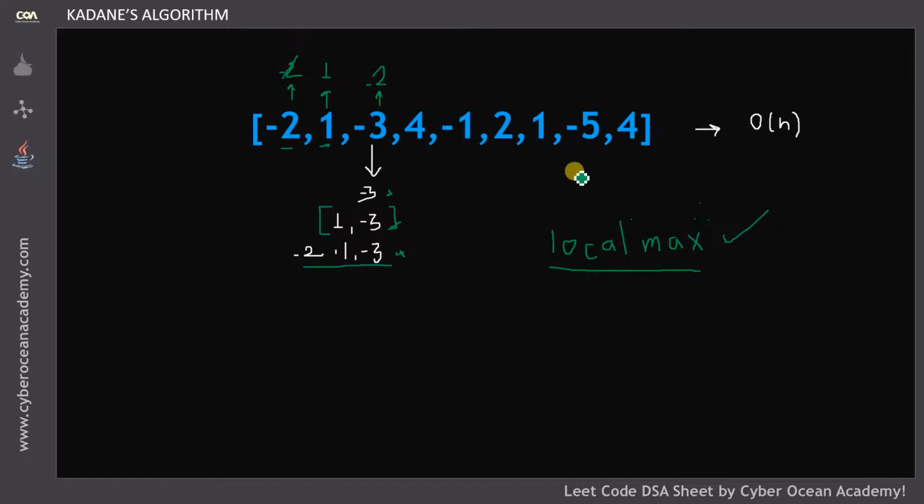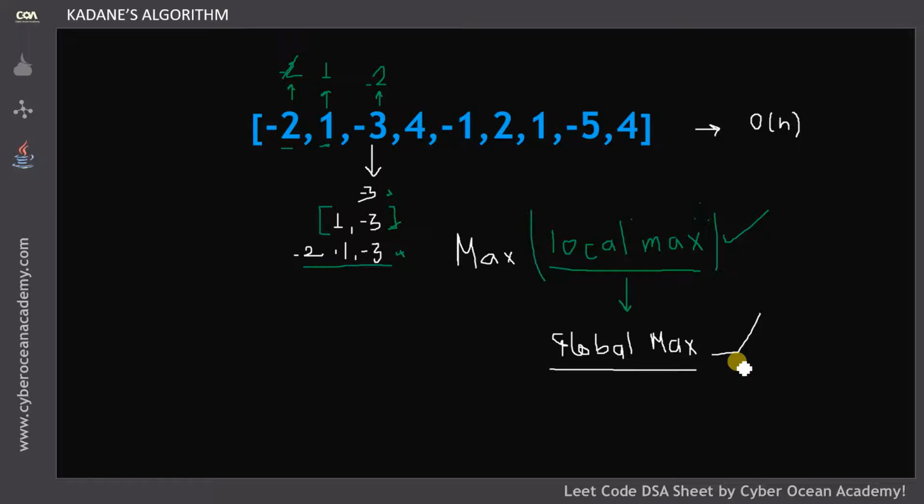For every index we find our maximum subarray, and from that range of local maximums we find which subarray sum is maximum. Just write that, the maximum local max. Among those local maximums, the maximum local max is our global max, and that is our answer. So this is the first layer, and this is the second layer.